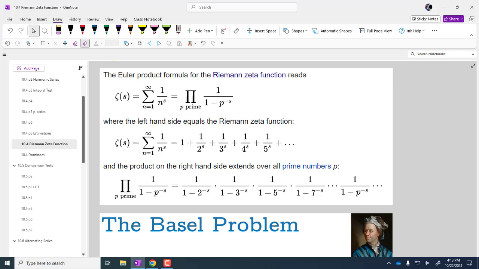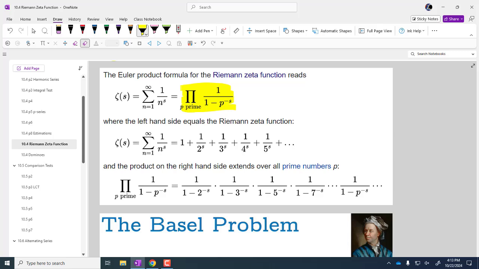Here we have the Riemann zeta function, right there. That's an infinite sum. If you look up online, you can show that the Riemann zeta function, the infinite sum form, is equal to this. This is called the Euler product. So this capital pi is for product, and you do the same thing that you do for a sum, except that you're multiplying.